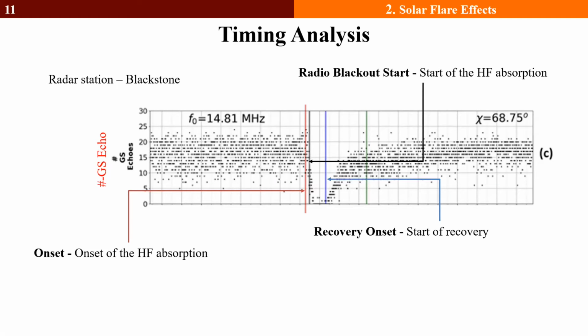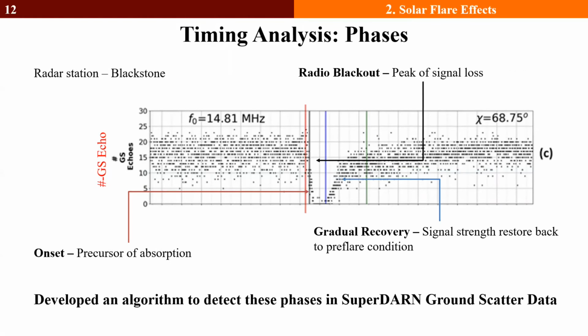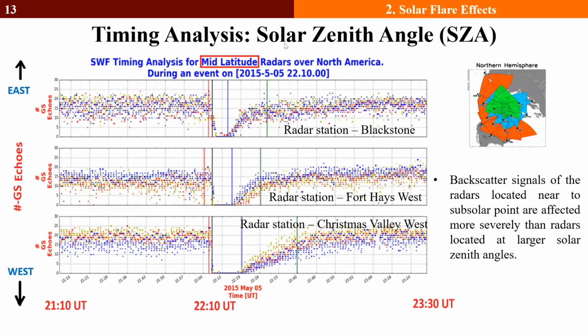Then this blue line is the start of the recovery, and finally this one is the recovered ground scatter. So taking all this together, you have three different phases: onset, radio blackout, and gradual recovery. So, some timing analysis.